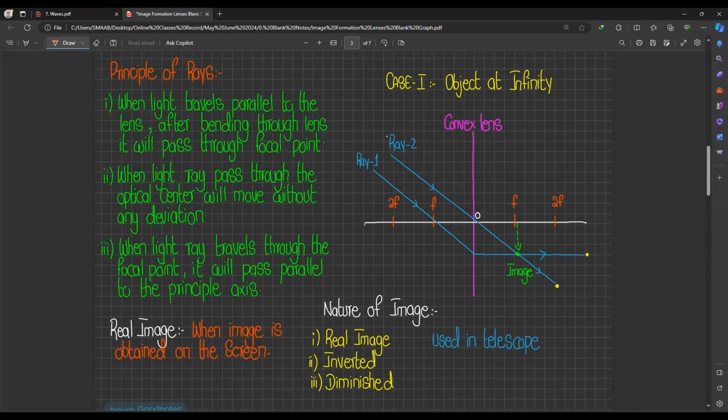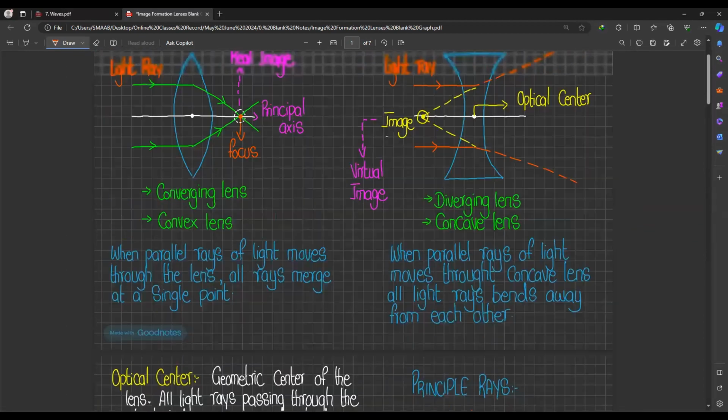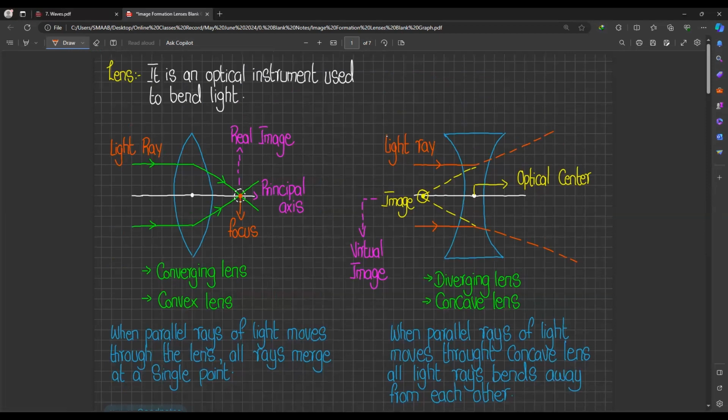So very simple concept. And this diagram is for your comparison: in a converging lens you observe light rays are coming from the left and it will focus on the right. But in a diverging lens, light rays are coming from the left and the image will also form on the same side. So that is known as a virtual image, right?